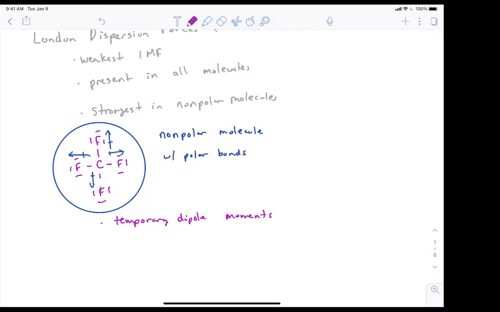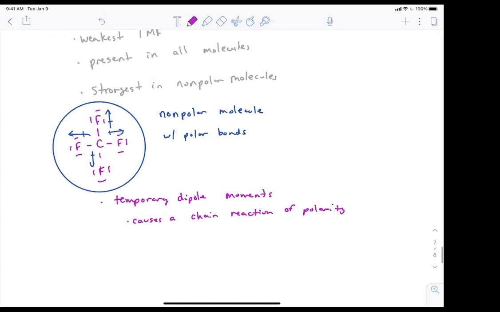That makes the molecule have a temporary polarity, which then causes a chain reaction, which generates this weak attractive force between these random polarities occurring between all these molecules. So keep in mind temporary dipole moments.